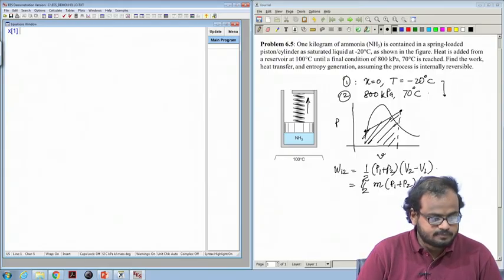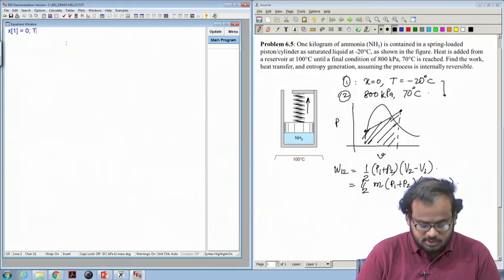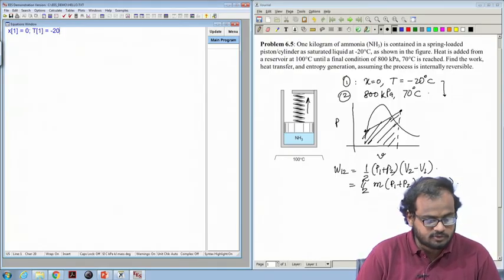So, x1 is 0 and T1 is equal to minus 20, and P1 is equal to pressure of ammonia, T equal to T1, x equal to x1.